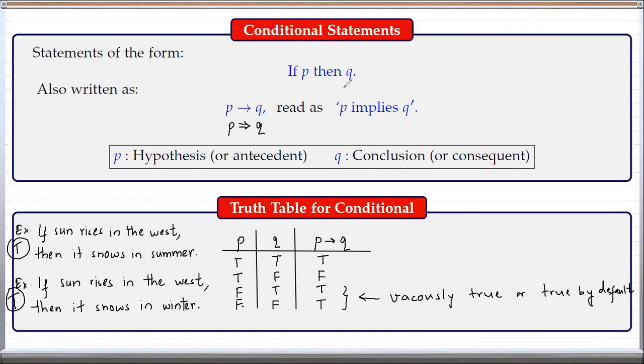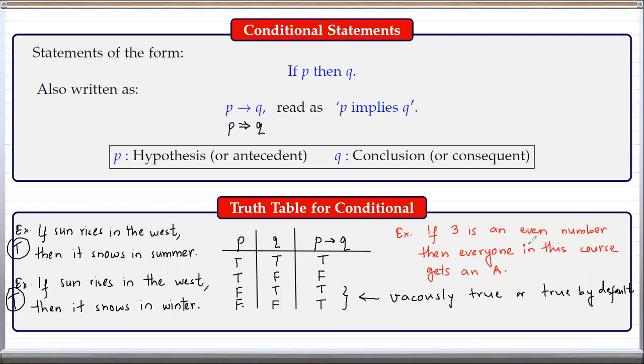As another example, if 3 is an even number, then everyone in this course gets an A. The conclusion part in this case may or may not be true, depending on which particular class we are looking at.